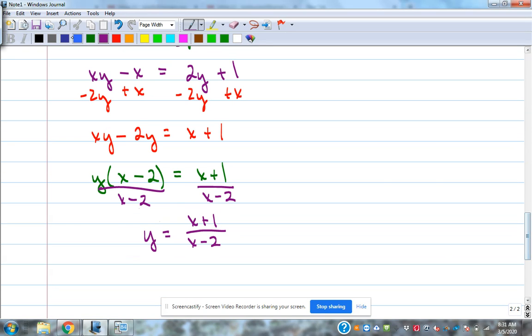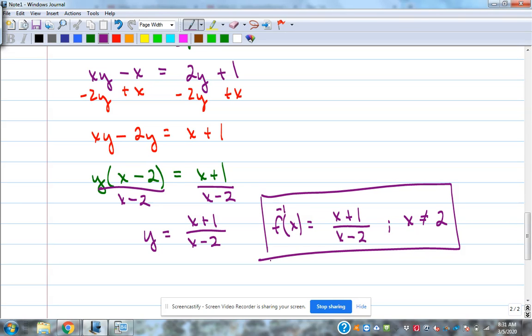In function notation, f inverse of x equals x plus 1 over x minus 2. What do I need to tell it about the domain? x cannot equal positive 2. And there's our inverse function.